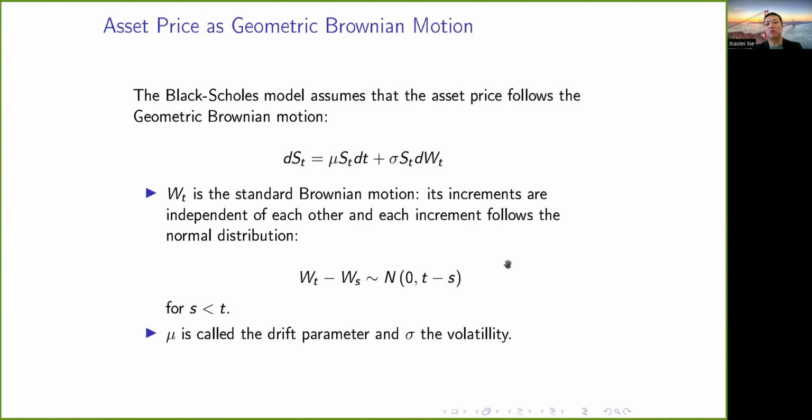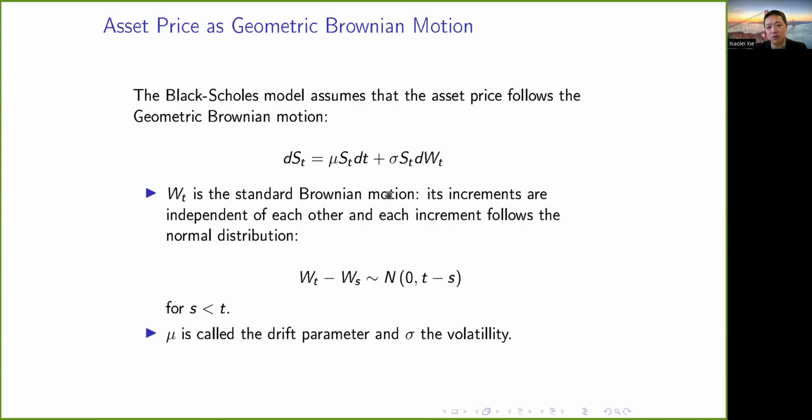So next, I'm going to show you how these results can be derived. But first of all, let's talk about the assumption of the Black-Scholes model. So the model assumes that the asset price is given by this stochastic differential equation, which is called the geometric Brownian motion.